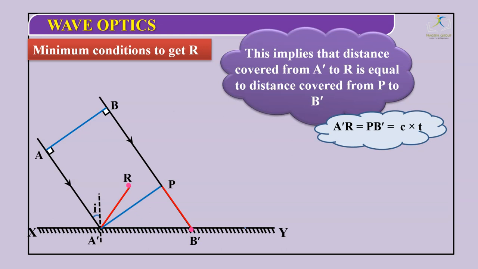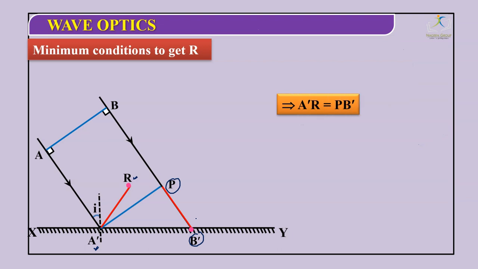This implies that the distance covered from A prime to R is equal to the distance covered by PB prime. So A prime R is equal to PB prime.